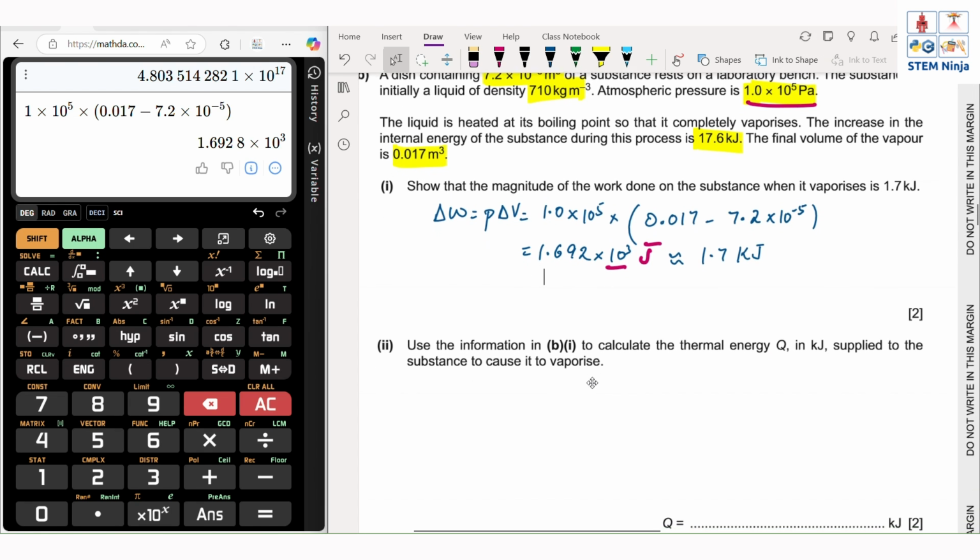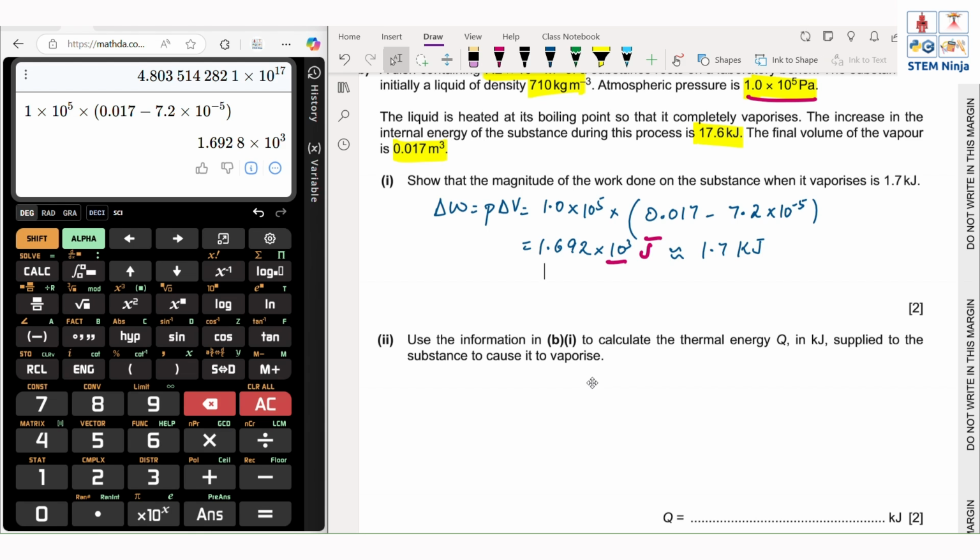Use the information in B1 to calculate the thermal energy Q in kilojoules supplied to the substance to cause it to evaporate. So we will use the first law of thermodynamics, which is the increase in internal energy is equal to the increase in thermal energy plus the work done on it.